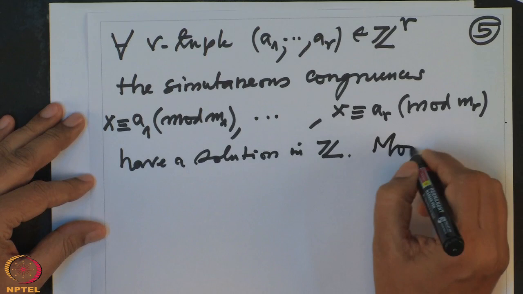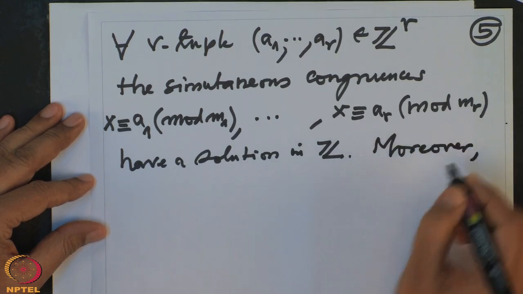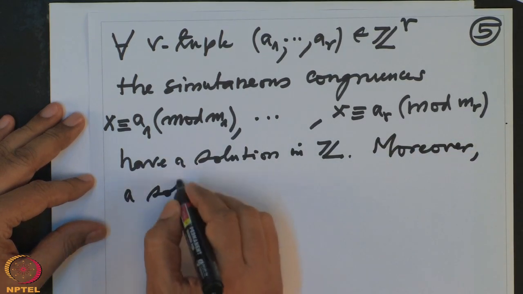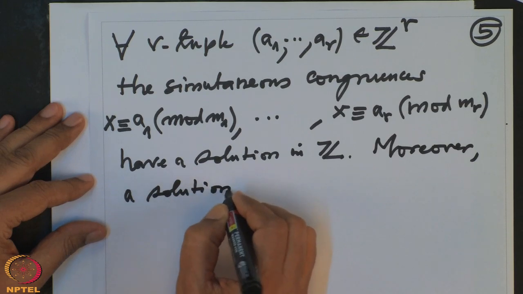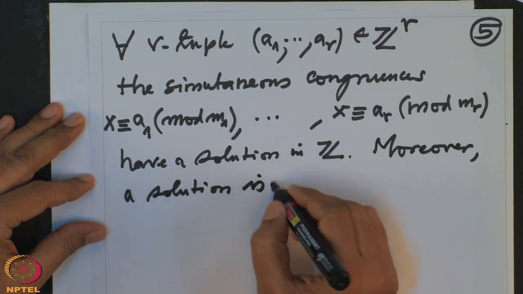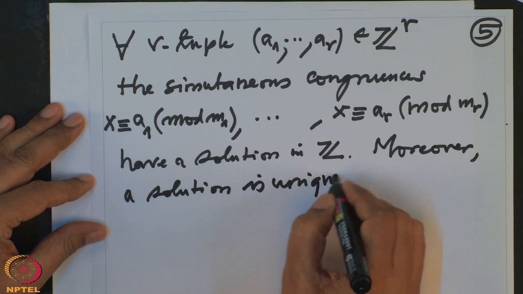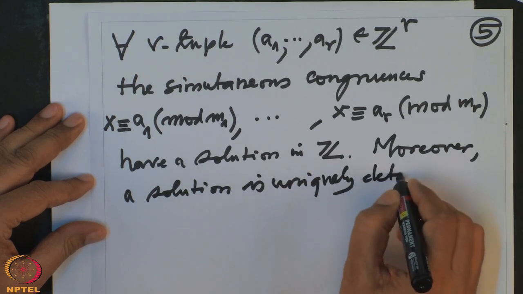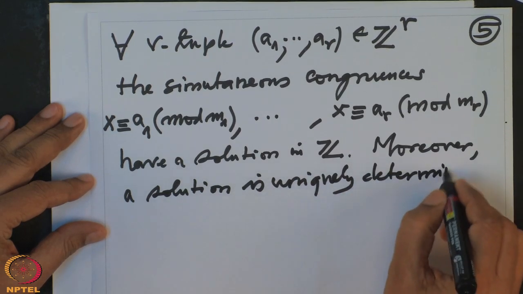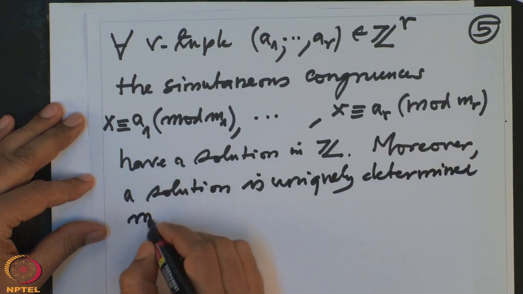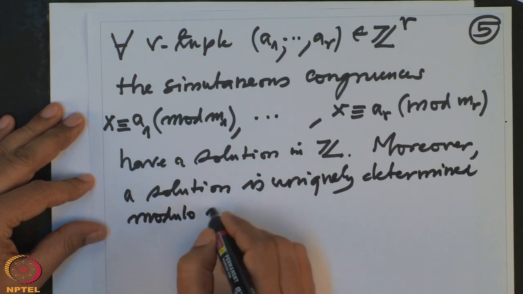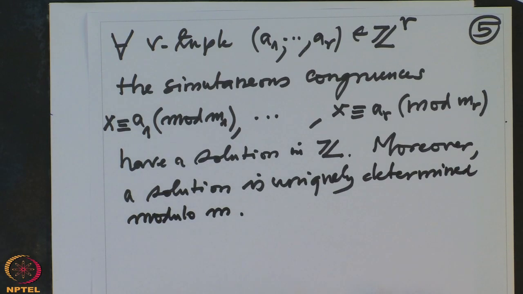Moreover, a solution is uniquely determined modulo M. Solution may not be unique, but when you go mod M, that's unique solution. So this, in the notation, you can simply reformulate neatly as follows.